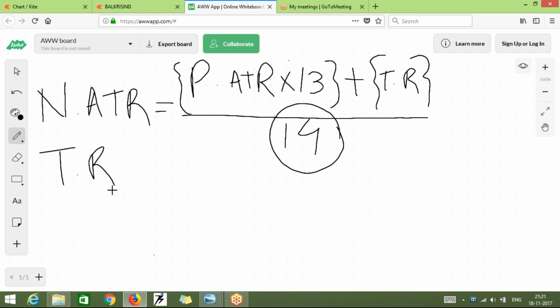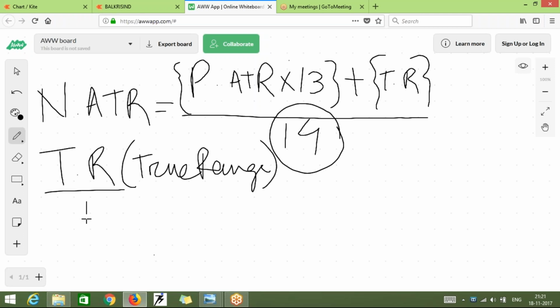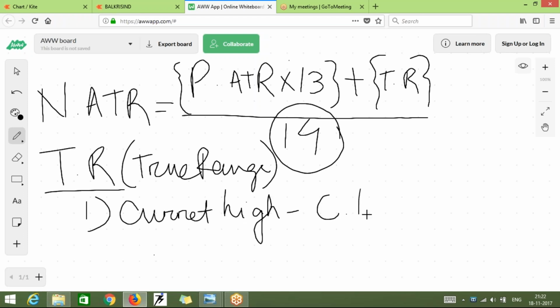What exactly is true range? A true range is of three types. One is current high minus current low. Let me write in short.